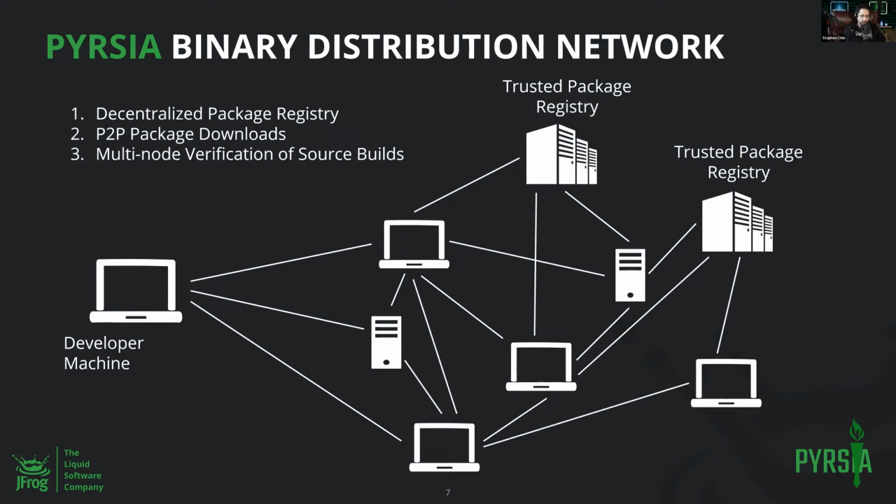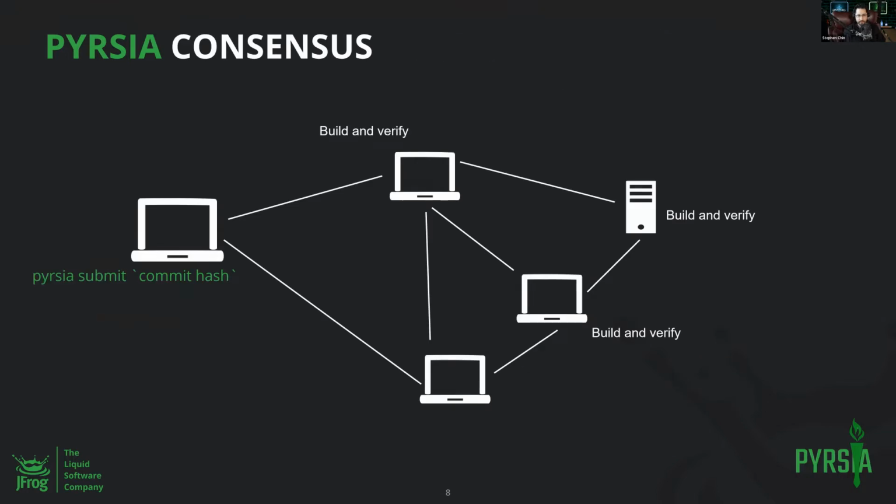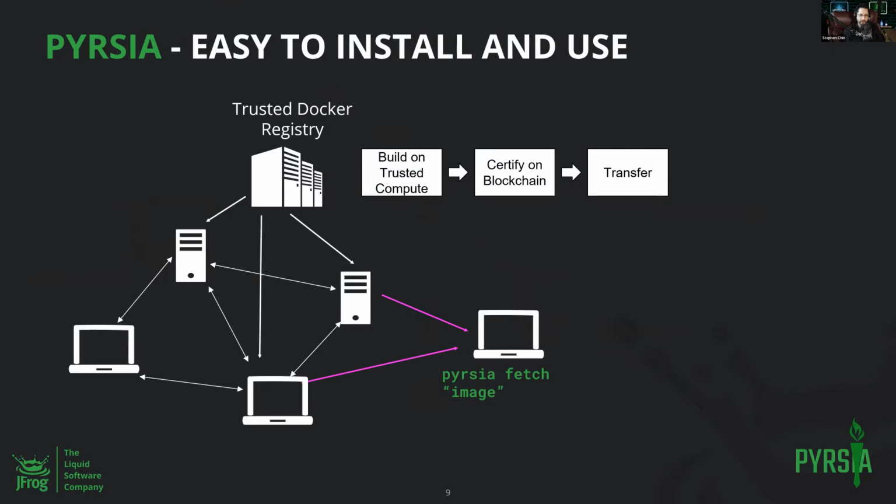And where possible, multi-node verification of source builds, so you know that you're getting binaries which have the highest level of trust. We're working on consensus algorithms to make sure that folks in the network all agree on the right versions of it. They're building it, and they build consensus around trusted package registries.